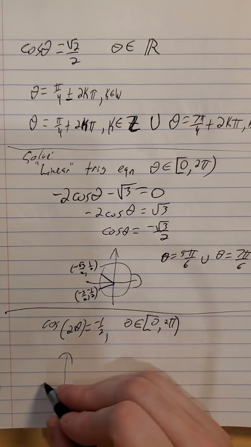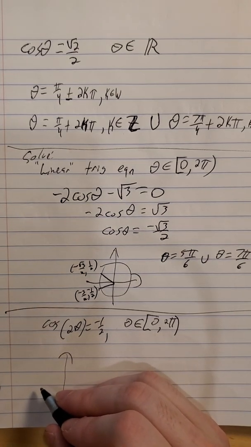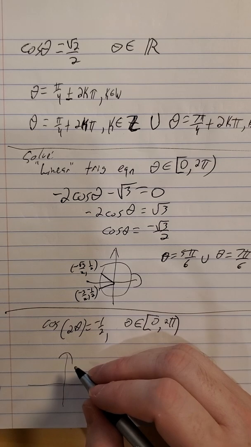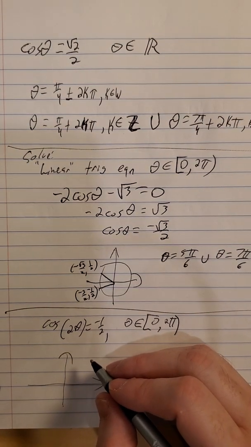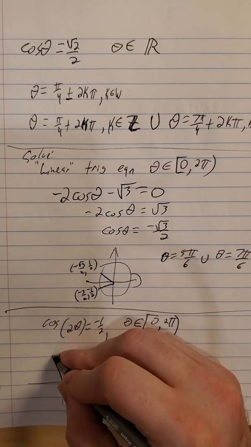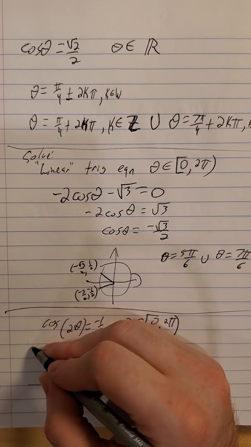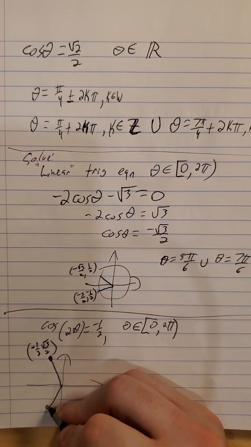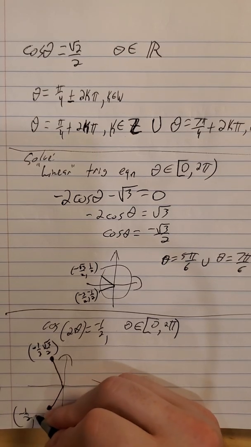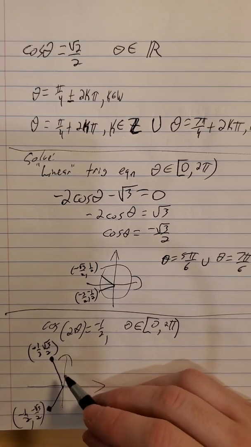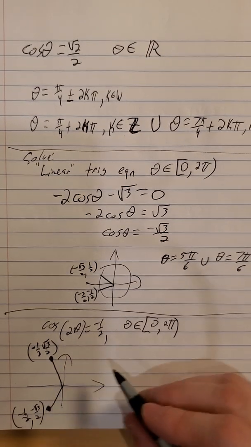So first we look at where this would happen. We're looking for a negative 1/2 for our cosine. So negative 1/2, root 3 over 2 is one spot that it happens, and negative 1/2, negative root 3 over 2 is another place where that happens. Those are each 30 degrees off of the vertical axis.